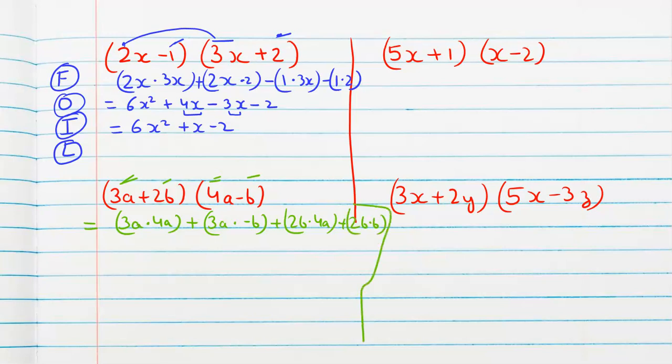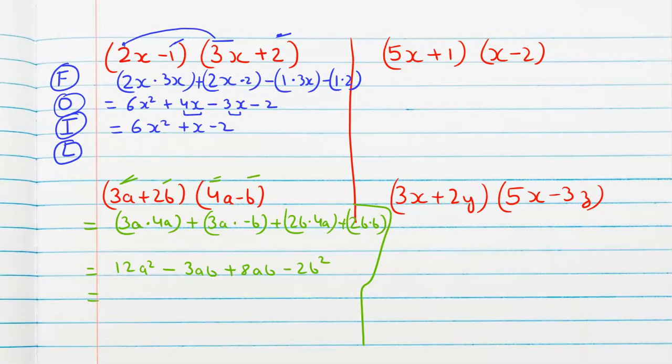Okay, so for this we get 3 times 4, that is 12. a times a, that is a squared, plus, but this time it will be a negative sign, and we get 3ab. This will be plus 2 times 4, that's 8ab, and the last one is simply minus 2b squared.